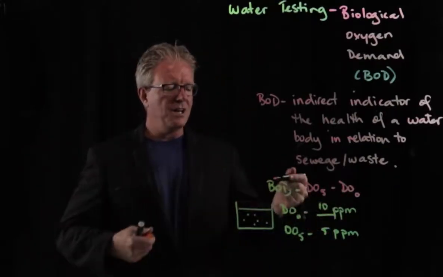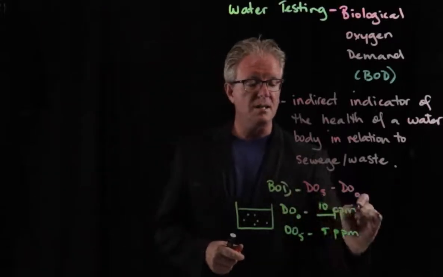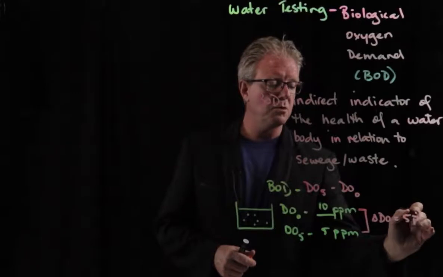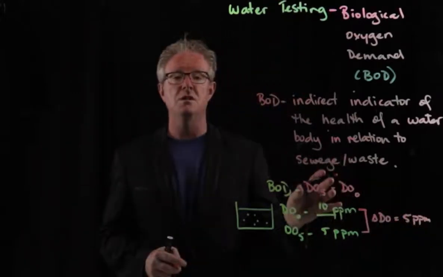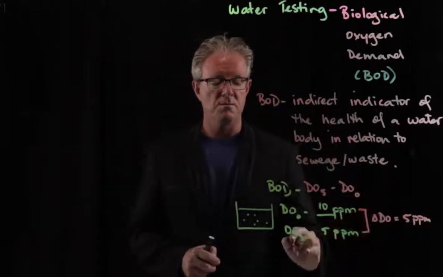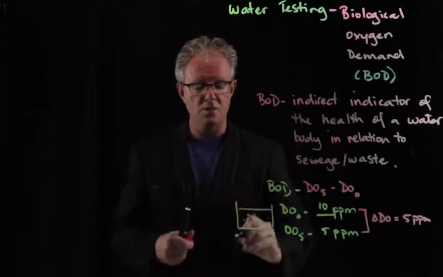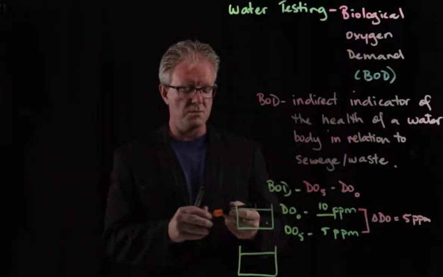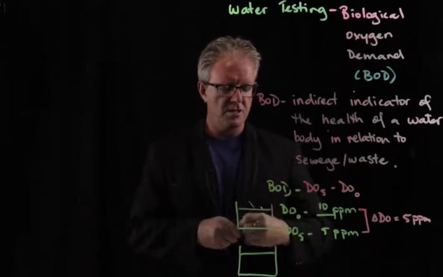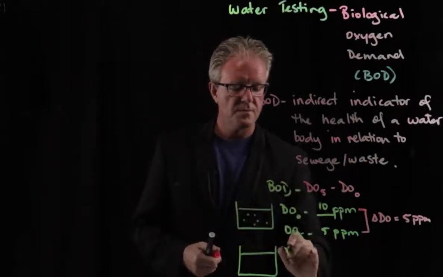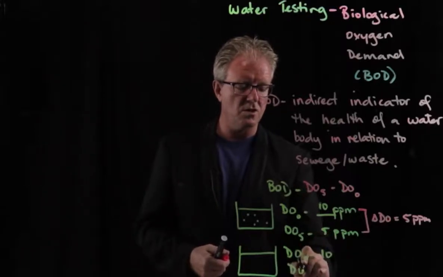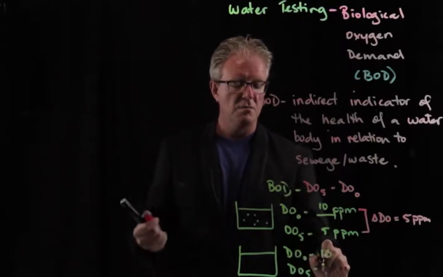If you have an unhealthy sample, like here, the difference in dissolved oxygen is 5 parts per million. It's gone from 10 parts per million to 5 parts per million. If you have a healthy water sample, where there are no microorganisms, then your dissolved oxygen at day 0 was 10 parts per million, and it might not have changed much at all.